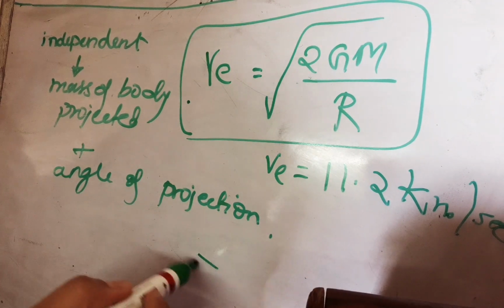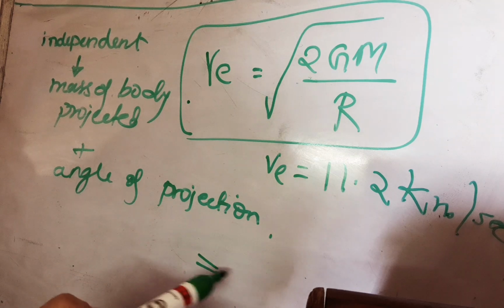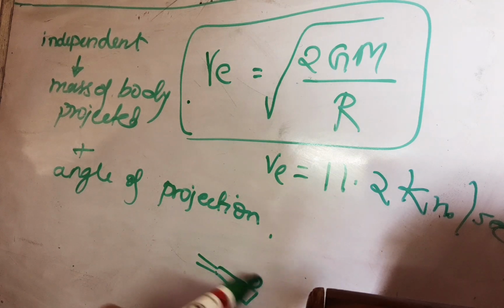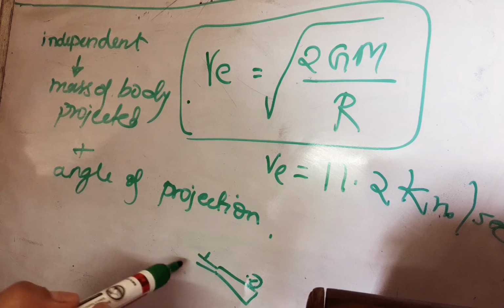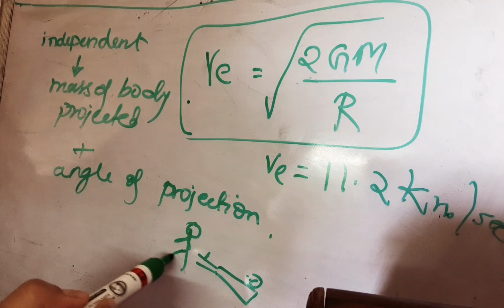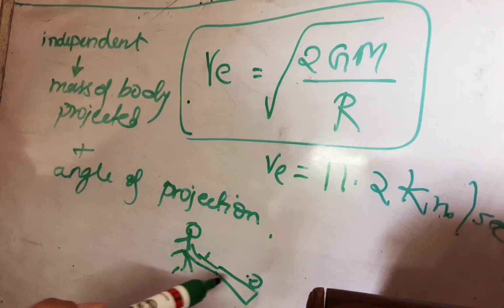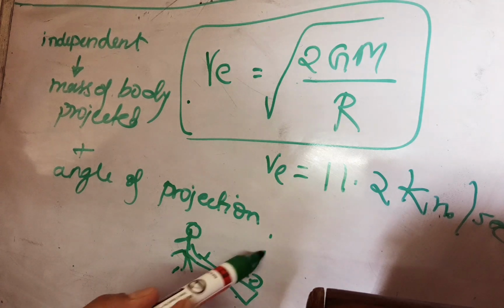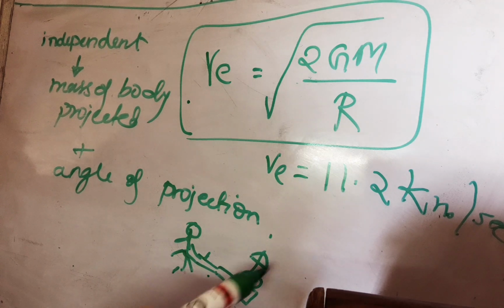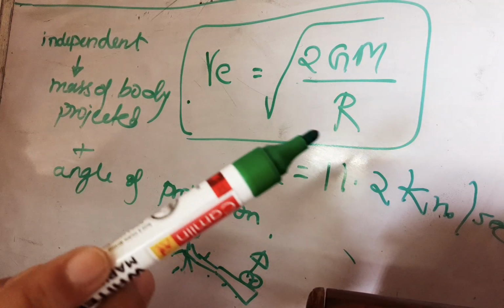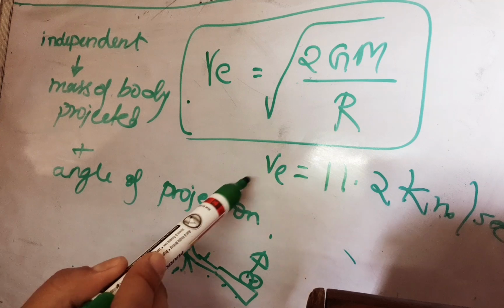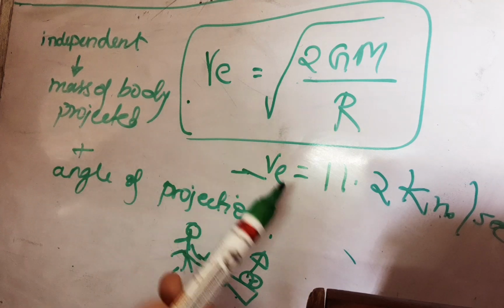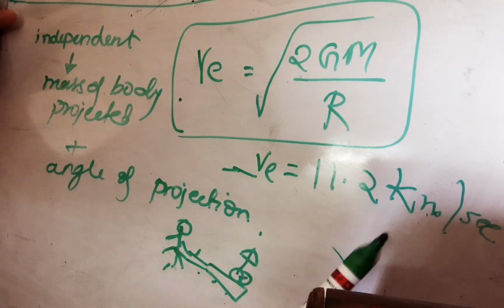Suppose you are playing cricket and you want to hit your ball with this bat at such a speed that the ball should never come back to the Earth. It should get lost in the universe. Then what should be the velocity with which you should hit the ball?